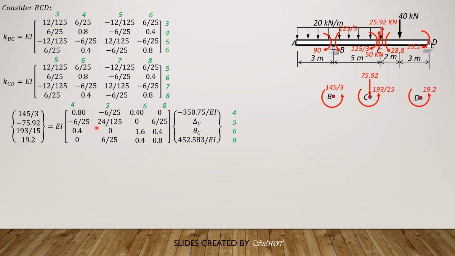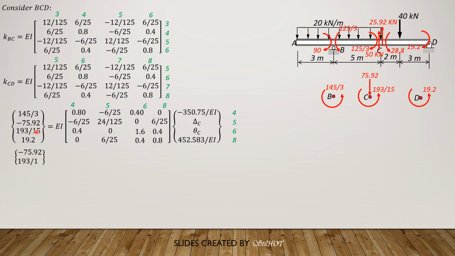We have 24 over 125, 0, 0, 1.6 times delta C, theta C, plus EI of negative 6 over 25, 6 over 25, then 0.8, times the displacements negative 350.75 over EI and 452.583 over EI.